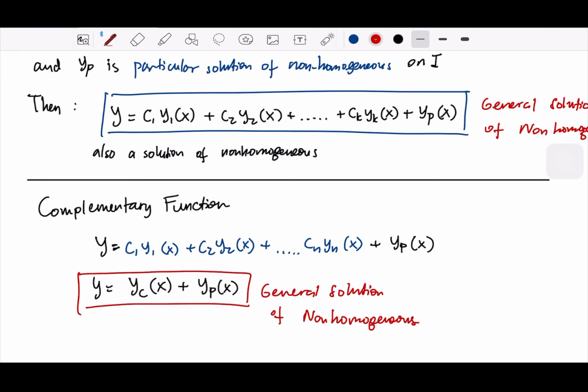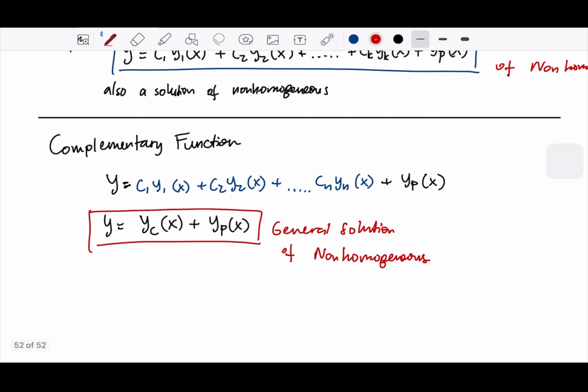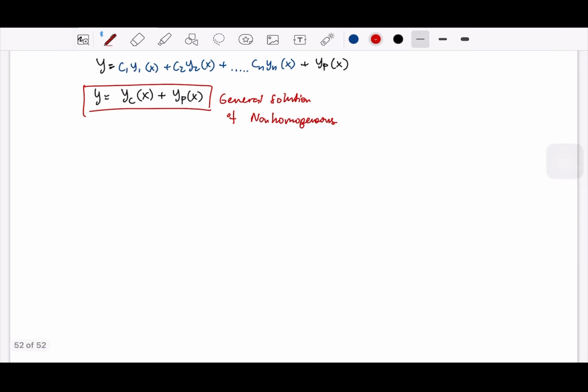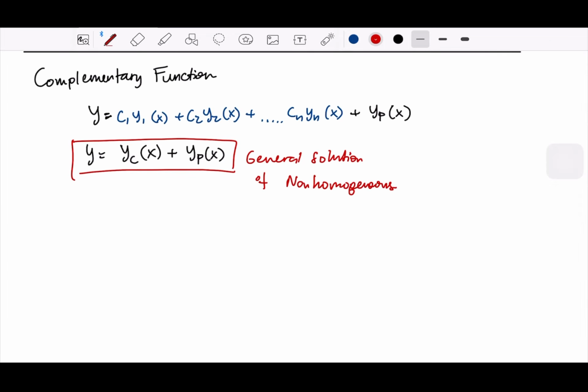I will write the conclusion later. Yeah, I will write the last section for today's class, the superposition principle for non-homogeneous equations.